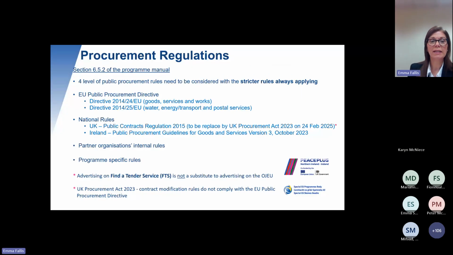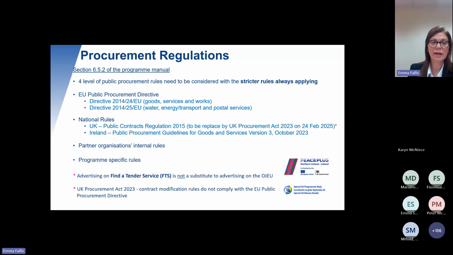So public procurement regulations are covered in section 6.5.2 of the programme manual. There are four levels of public procurement rules that need to be considered, and it's always the stricter rules that must apply. First, the European Public Procurement Directive: there's one that relates to goods, services and works, which would cover the majority of our projects.